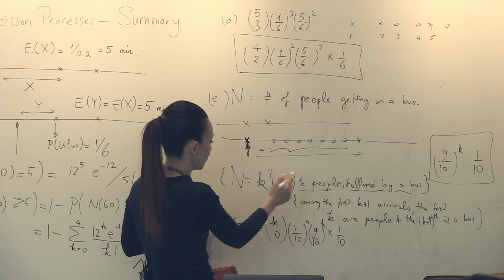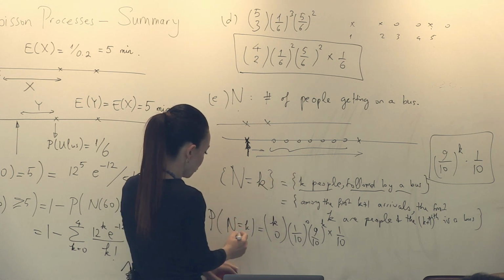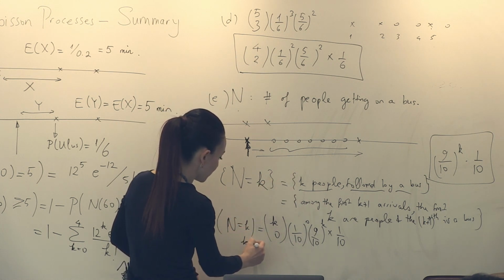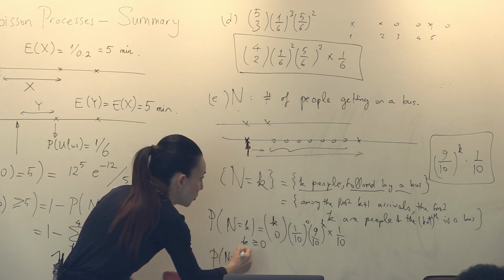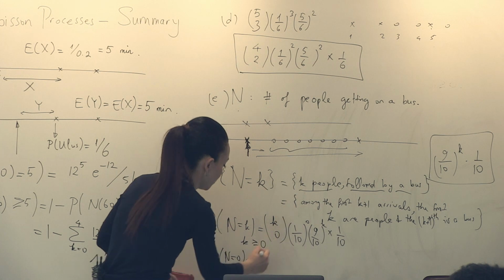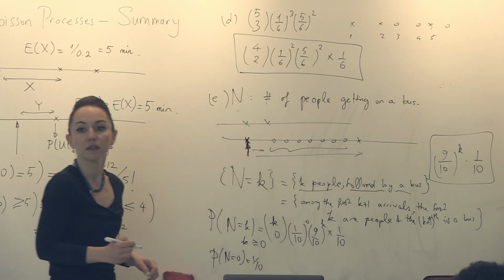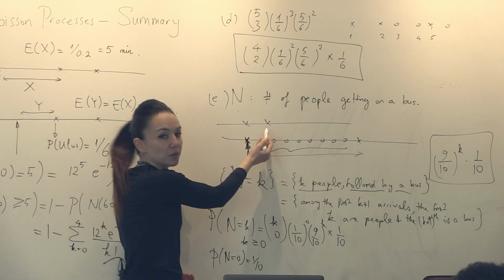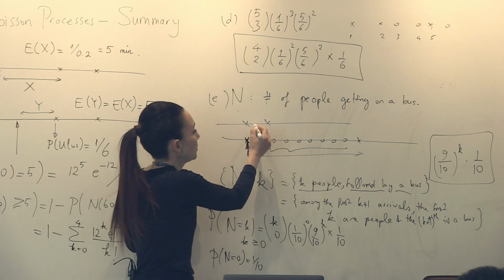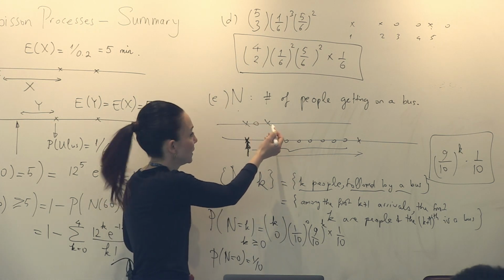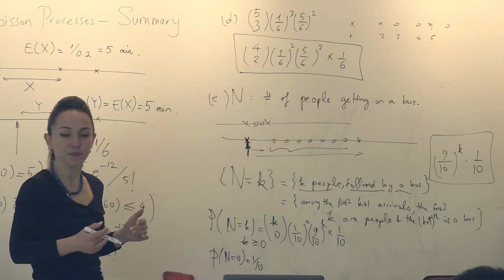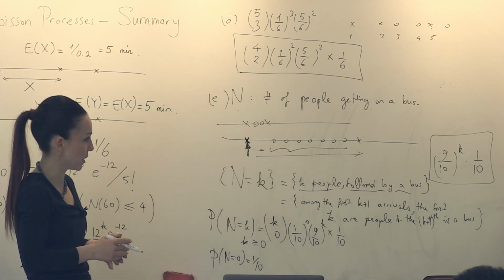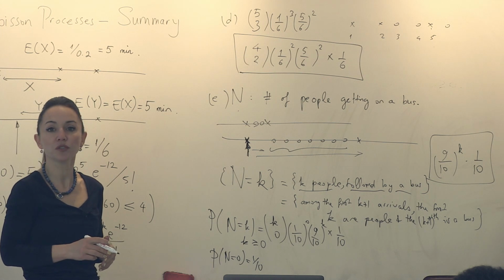Probability that k equals 0. So this is true for k bigger than or equal to 0. The probability that n is 0, plug in 0 there, is 1 over 10. So a bus may come before anybody arrives. Or one person can arrive and then a bus. Or 2 people, etc. Yeah. So that's all covered here. Any other questions?